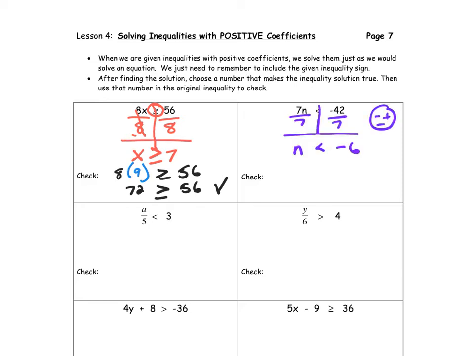When we solve this, the solution is n is less than negative 6. And now we need to use the original inequality and choose a number for n that would indeed make this inequality true. What number do you think we could use?